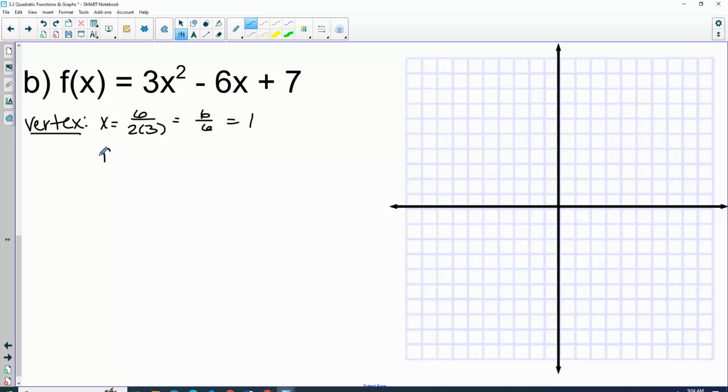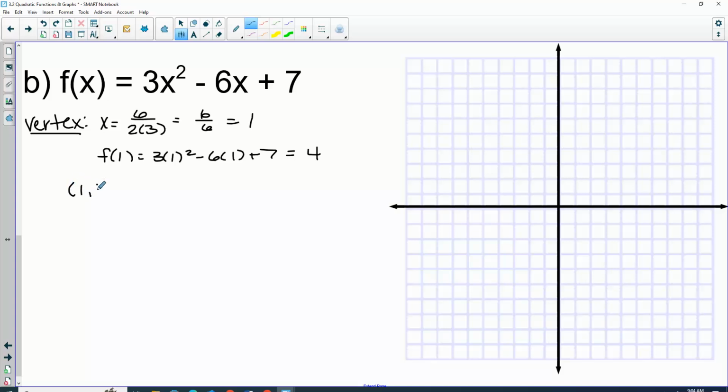Plug that in. Minus 6 plus 7, which is 4.